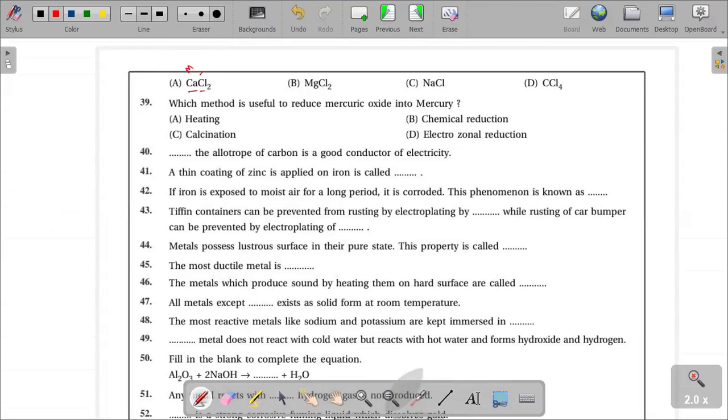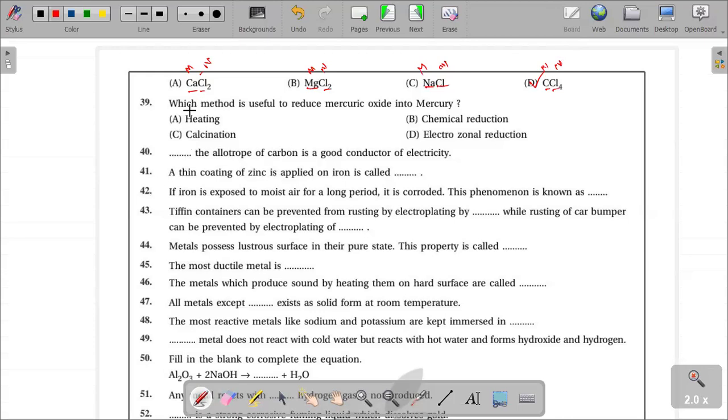Magnesium is a metal and chlorine is a non-metal. Sodium is a metal and chlorine is a non-metal. Here carbon is a non-metal and chlorine is also a non-metal. Then CCl4 is the answer. So CCl4 is not an ionic compound. CCl4 is a covalent compound.